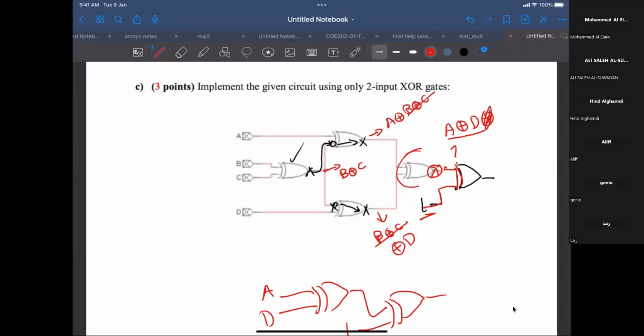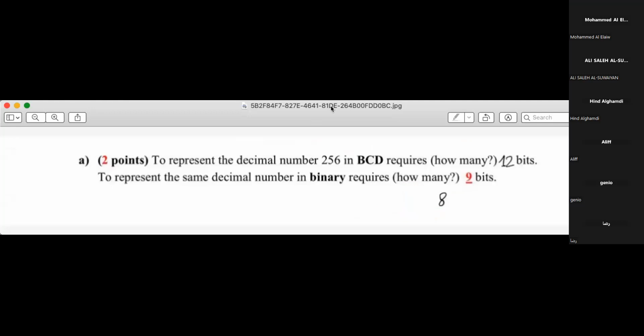There is a question here that says: to represent the decimal number 256 in BCD requires how many bits? And to represent the same decimal number in binary requires how many bits? The question asked by your colleague is, why isn't it 8 bits?